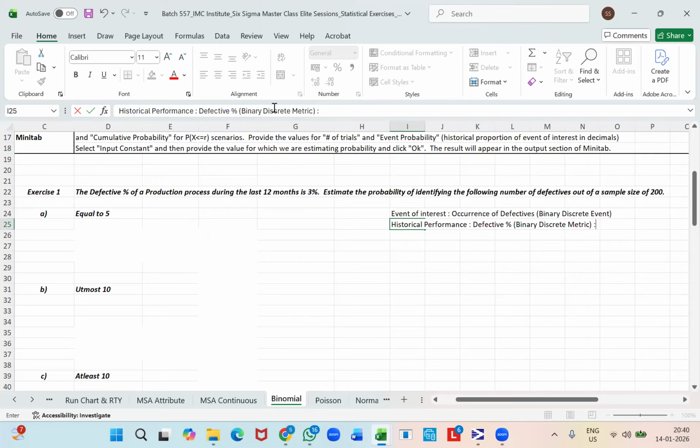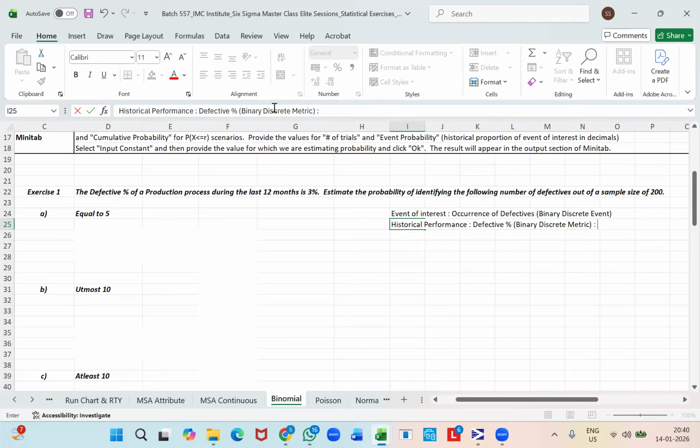And this is given as 3%, right? The historical performance value is 3% for the last 12 months. As I told you, whenever the input value is given as a percentage, we need to convert it into a decimal before applying it in the formula.